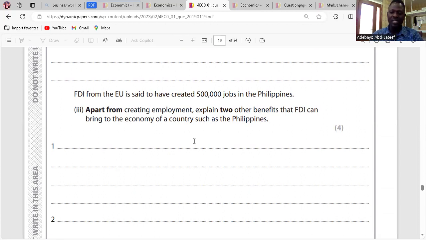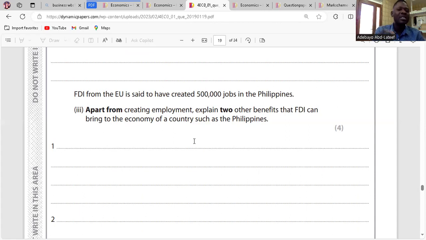We said FDI is money invested into a country by foreign investors or foreign firms. So with FDI investment, employment opportunities can increase within the country, like a multinational setting up in a country. When they set up, it creates job opportunities for the locals.